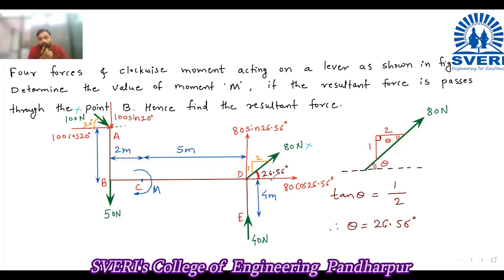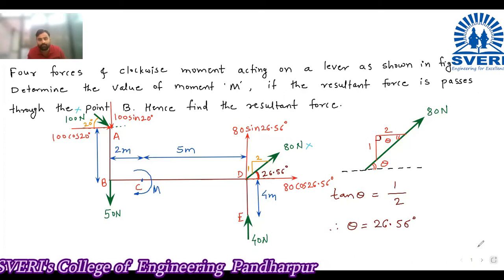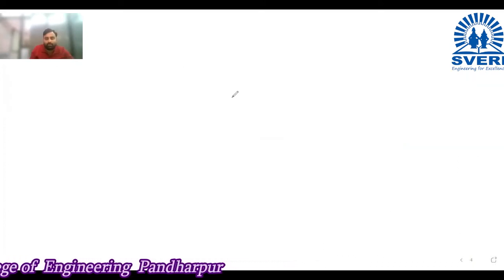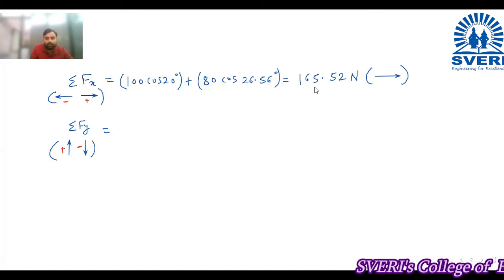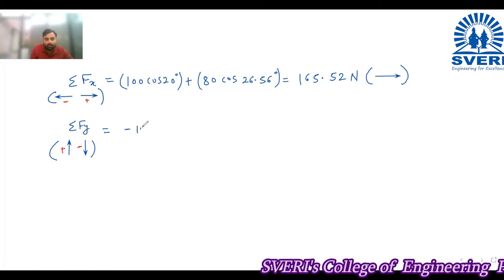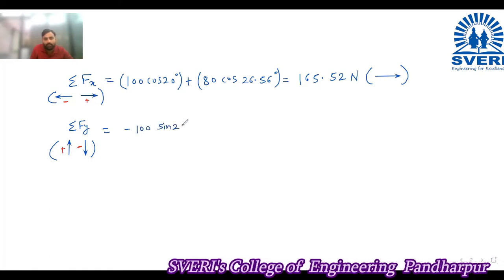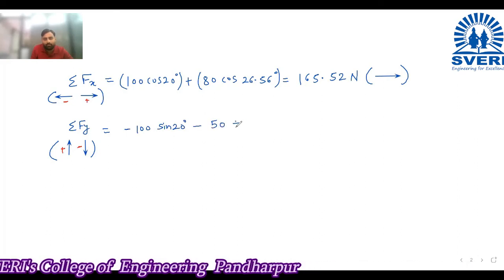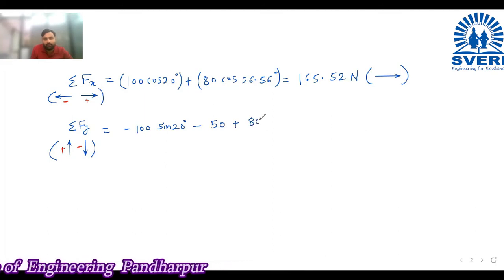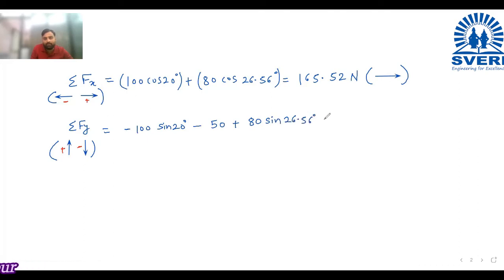Okay. So now write the terms. Here it is: minus 100 sine 20, minus 50, plus 80 sine 26.56, plus 40.